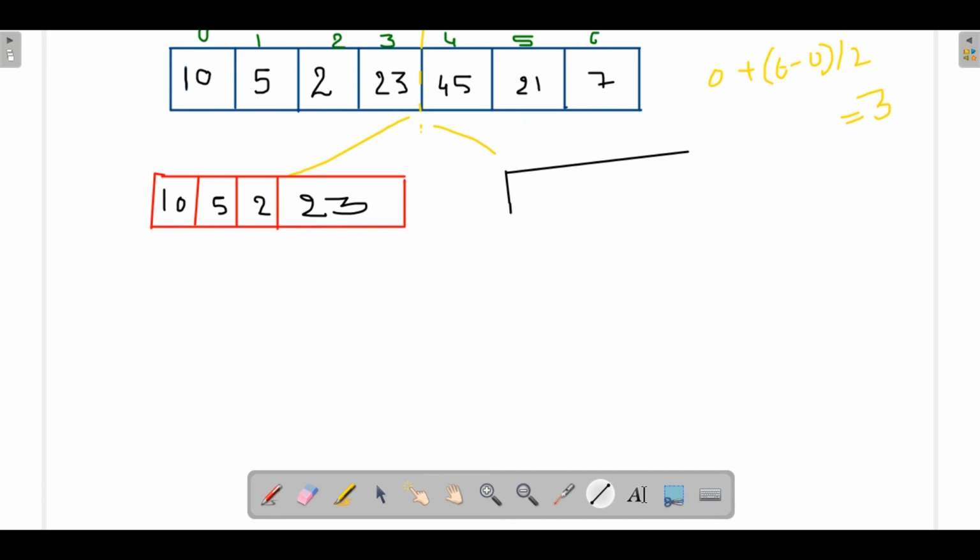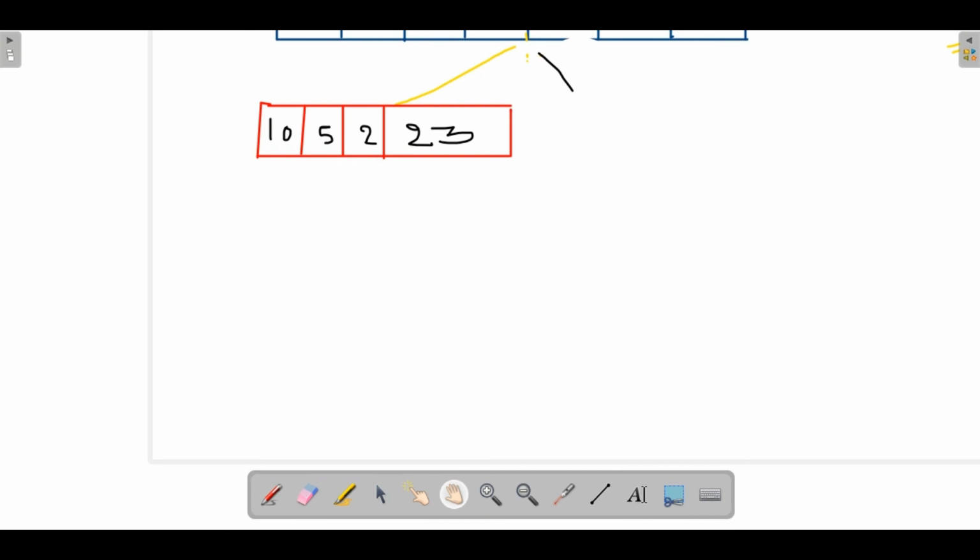Now this element, then it would be 45, 21 and 7. Okay, no, not now. It has broken your array, so you must assume that it is another part. But for this part, first you have to solve this. So this mid would be 0 plus 3 by 2, so it would be 1.